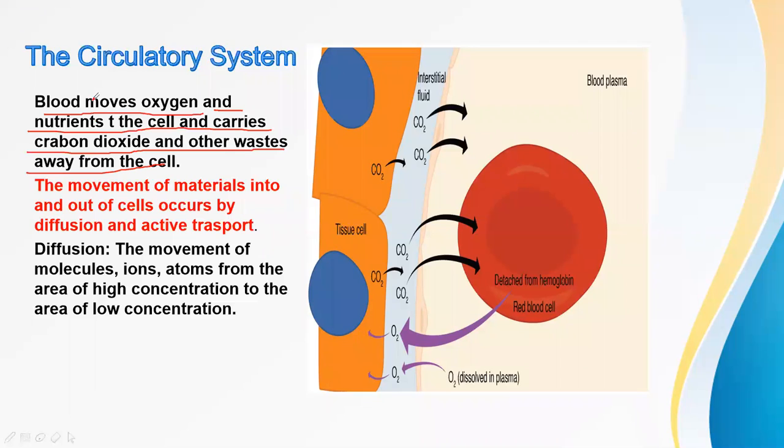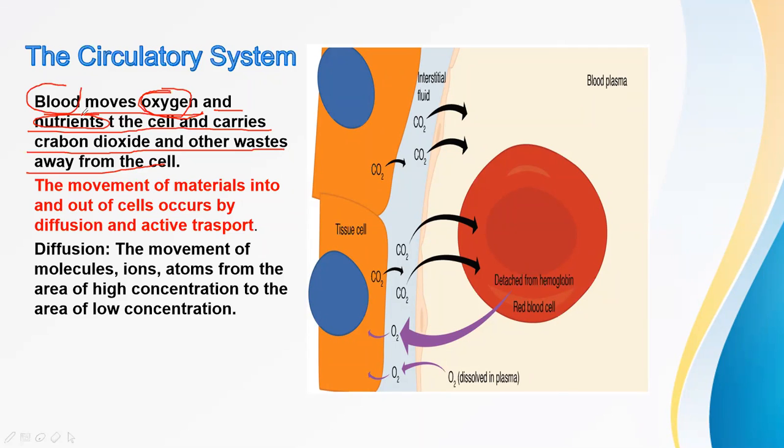This blood carries oxygen because we are breathing, isn't it? When you take air inside, the air consists of oxygen. So this blood moves oxygen and nutrients.